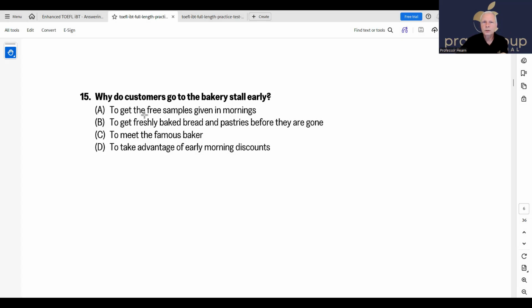Choice A states, to get free samples given in the mornings. Now, if you've ever been to a farmer's market, they often give free samples in the morning. However, in this case, it's not stated at all, and therefore choice A is not possible. What about choice B? To get freshly baked bread and pastries before they are gone.